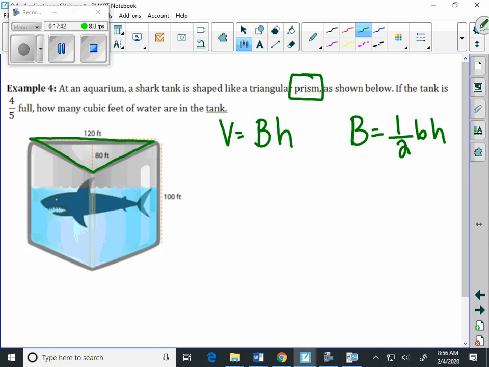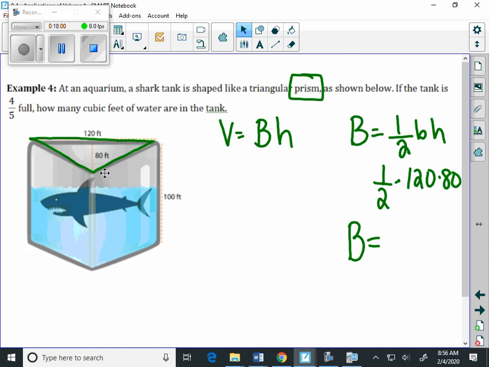And we look over here, and what we see is that our base of our triangle is 120 feet. Our height of our triangle is 80 feet, and we can type this into our calculator to get big B, the area of the entire base.